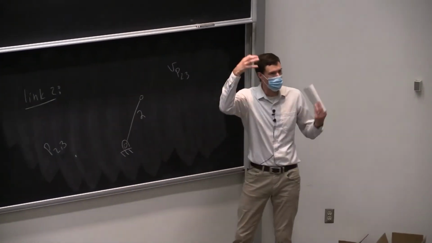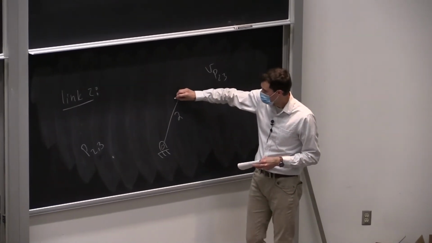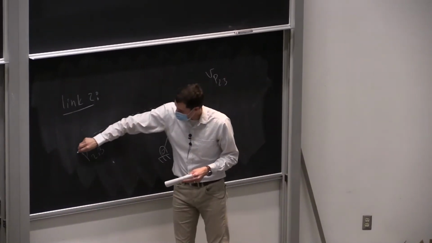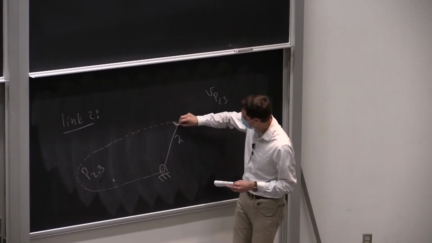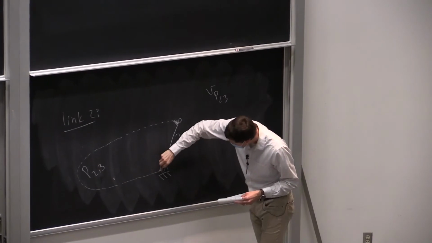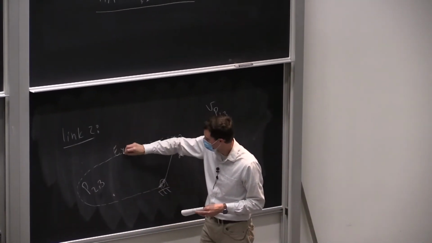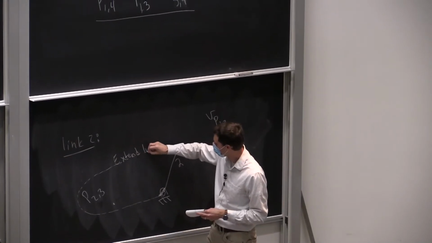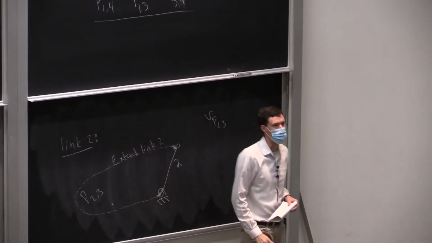So the thought process that I like to follow, and I did this in the last 2 lectures, is let's glue a piece of paper onto link 2. Just extend link 2. This is just a thought experiment. So let's extend it. I drew that as a dotted line. So let's extend it so that it includes P23.